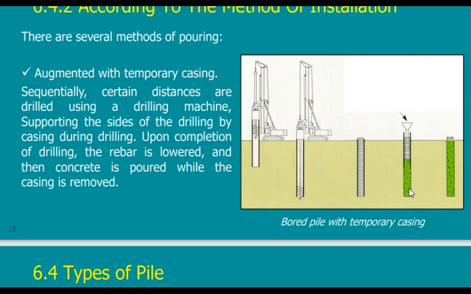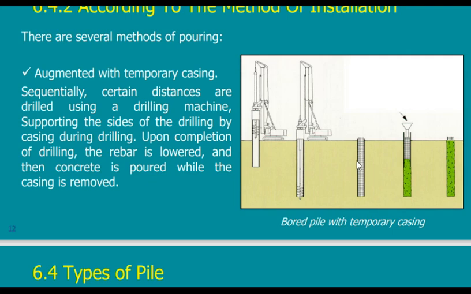So in this case, I'm very sure that my cage has reached the bottom. This is one thing. I'm also very sure that concrete of very good quality went from the bottom to the top.